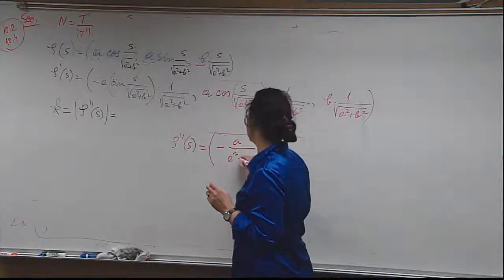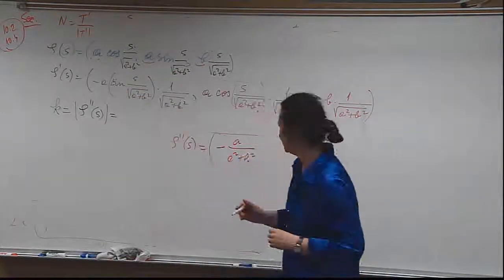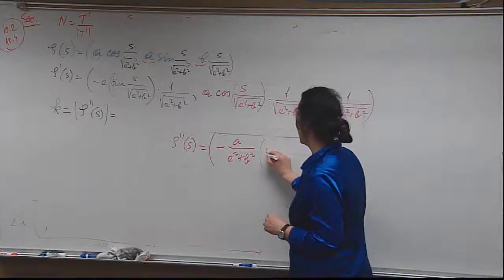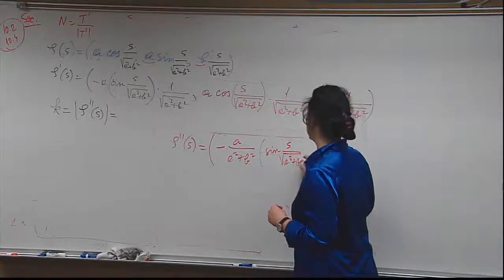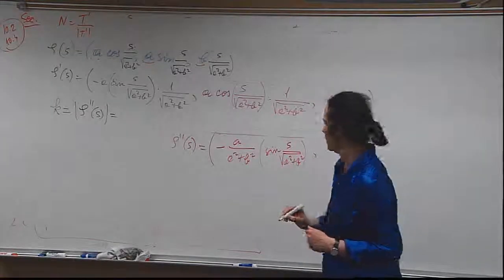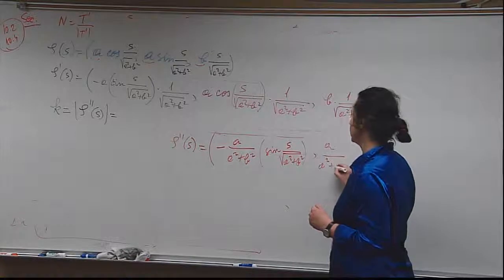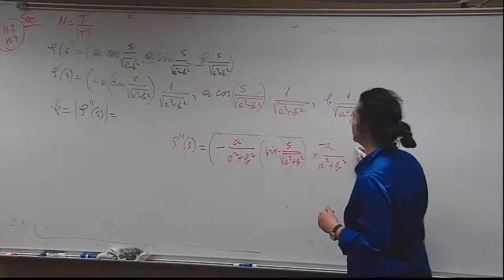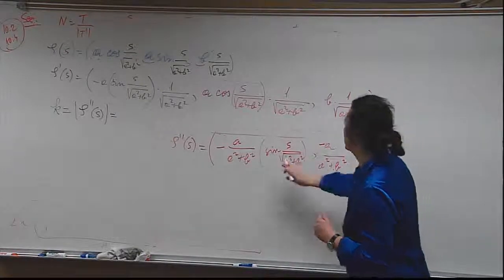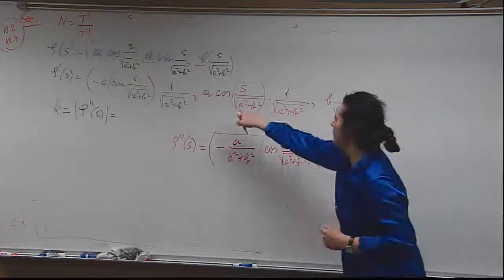And why is that, Nitish? Very good. Because you have once and twice from the chain rule. So again, I hope you guys don't have a problem with the chain rule, so I don't have to send you back to calculus 1. A over A squared plus B squared with a minus. Why with a minus? Somebody explain. Here's the derivative of cosine: here's a cosine, and here's a minus sign from deriving.